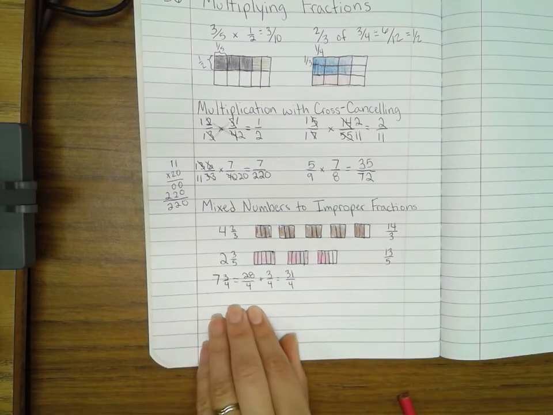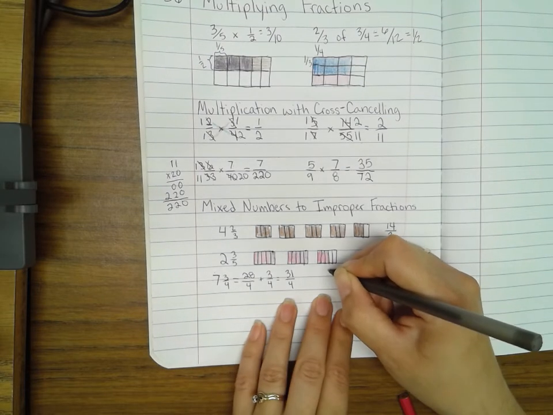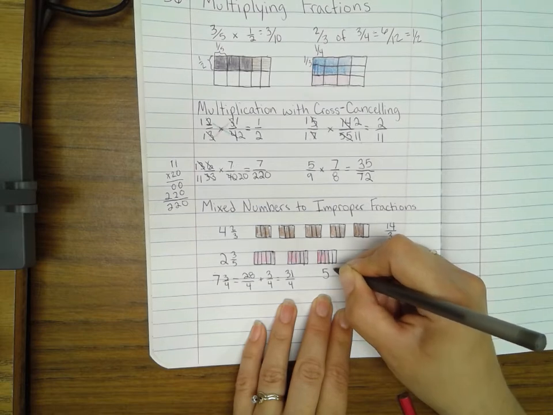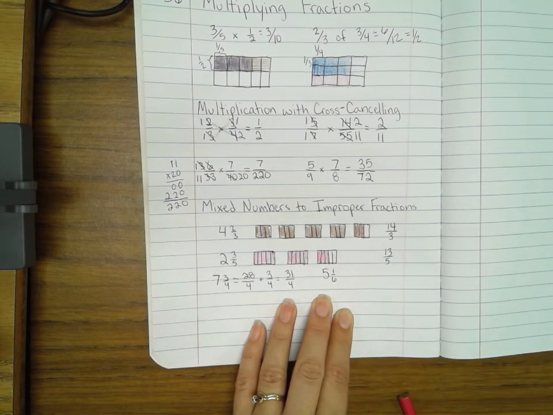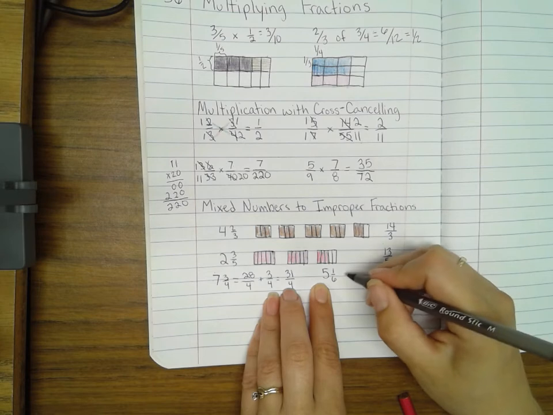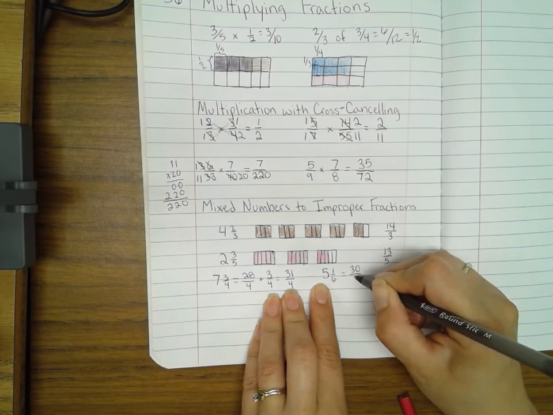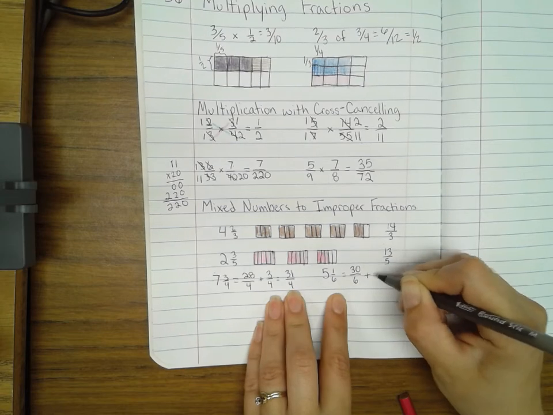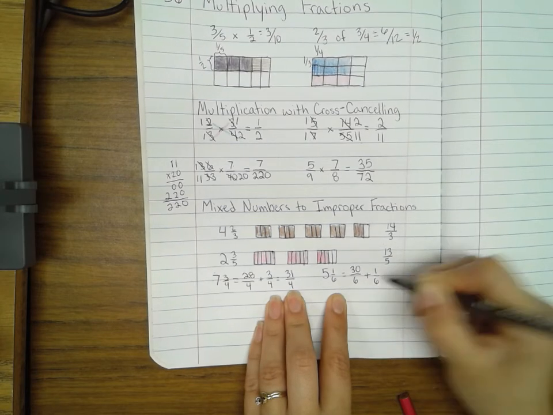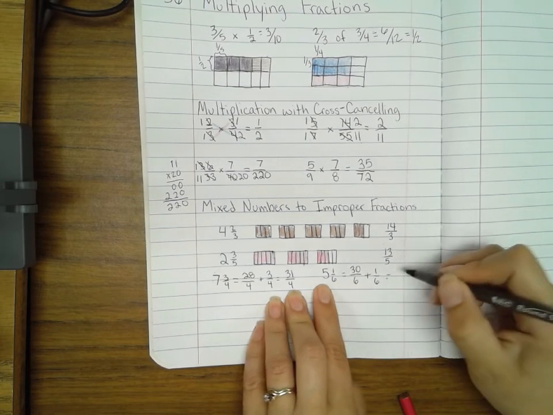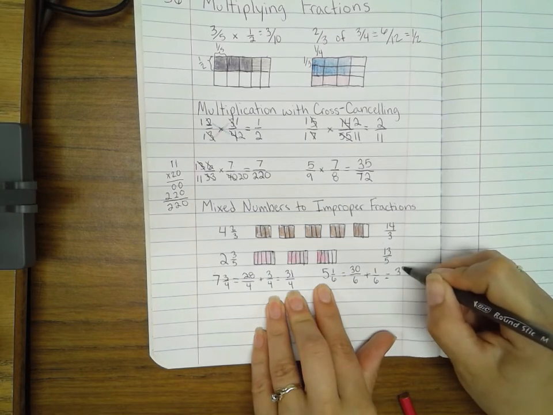Okay? Now I could try another one. What if I did 5 and 1/6? Okay, 6 times 5 would give me 30 pieces to make my 5 whole units. But then I need to add my 1/6 onto that. So 5 and 1/6 is the same as 31/6.